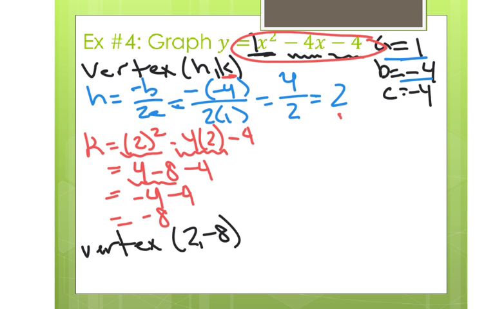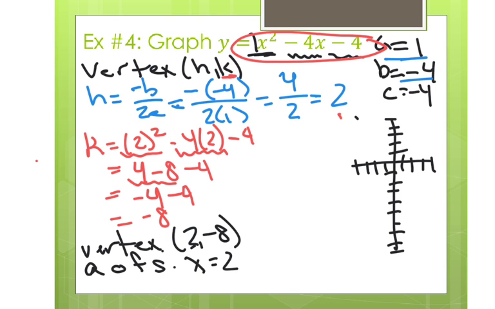Before, when we sketched the graphs, we also talked about our axis of symmetry. I'm just going to say A of S. That's our axis of symmetry, and that's x equals the x value from your vertex, which is positive 2. I already sketched a coordinate plane on the right-hand side. So our vertex is 2, negative 8.